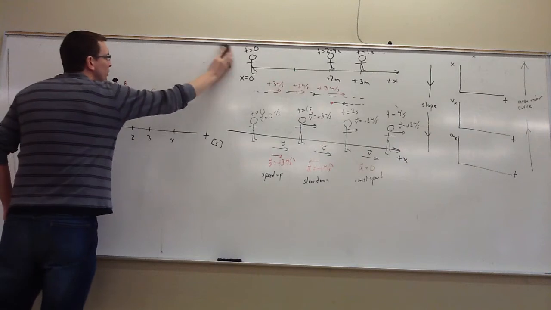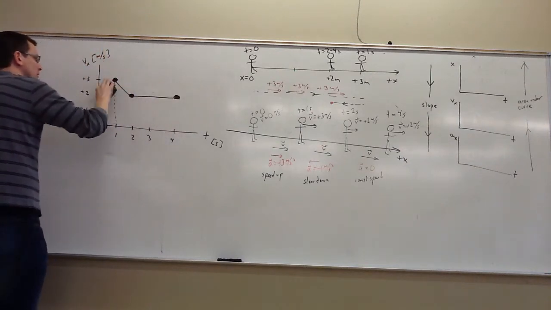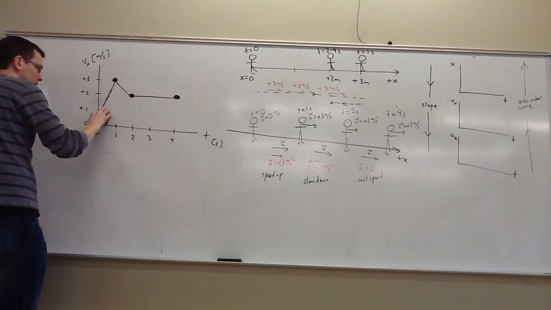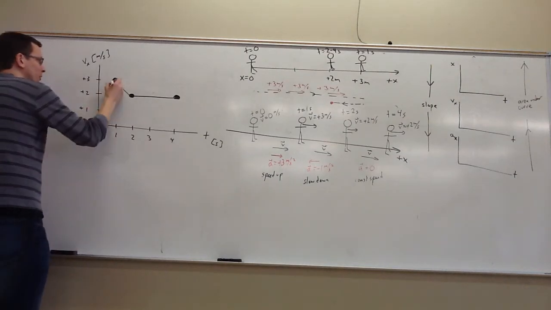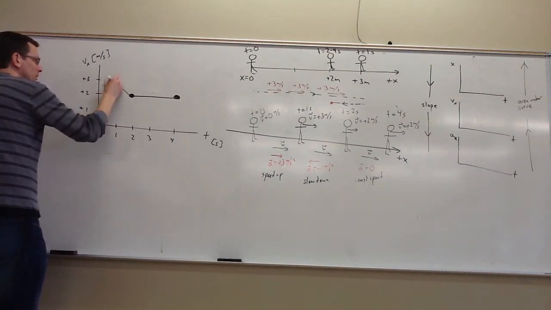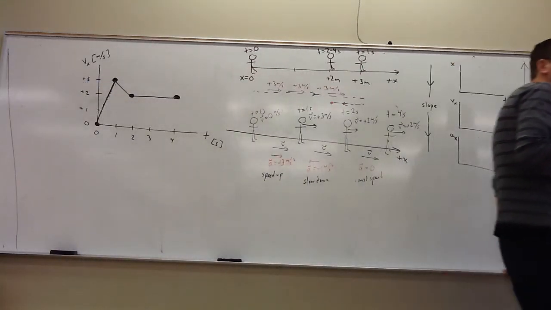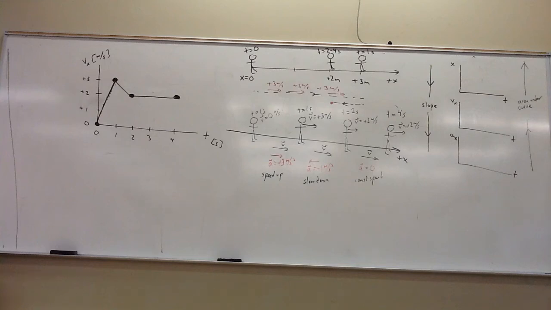Go back to my original graph, clean it up a little bit. You again might want to sketch it again if you want to keep your notes a little cleaner. I want to go back to this graph, but now I'm going to get information out of it in a completely different way. I'm not going to take the slope. I'm going to do this process called area under the curve.